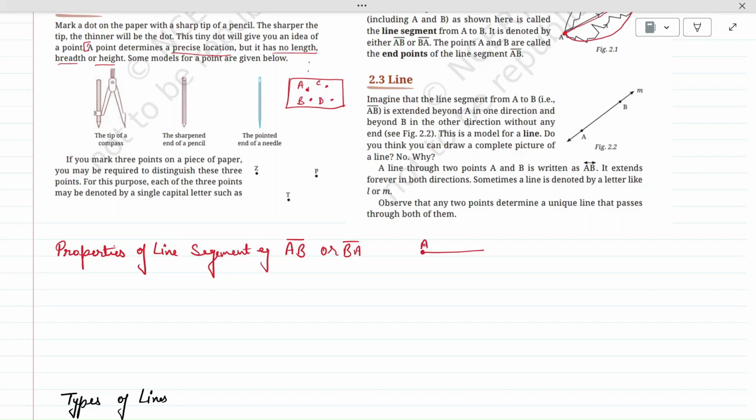This is starting point A, this is B. So the first property here is it has definite start and end points. So we know from where it is starting and we know where it is ending. Next is, it has a definite length.